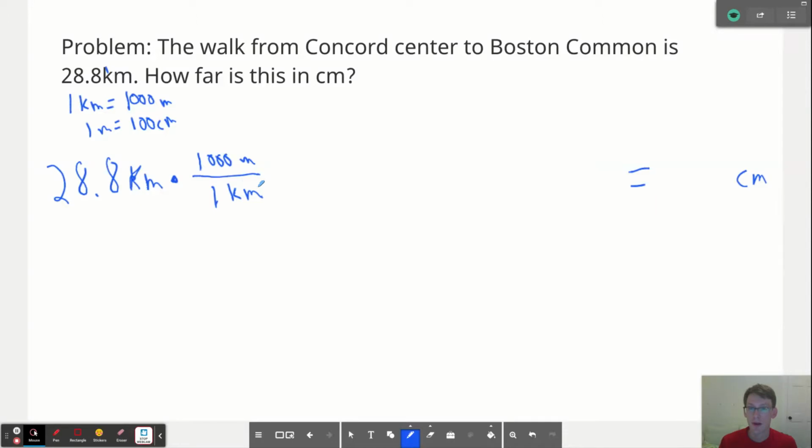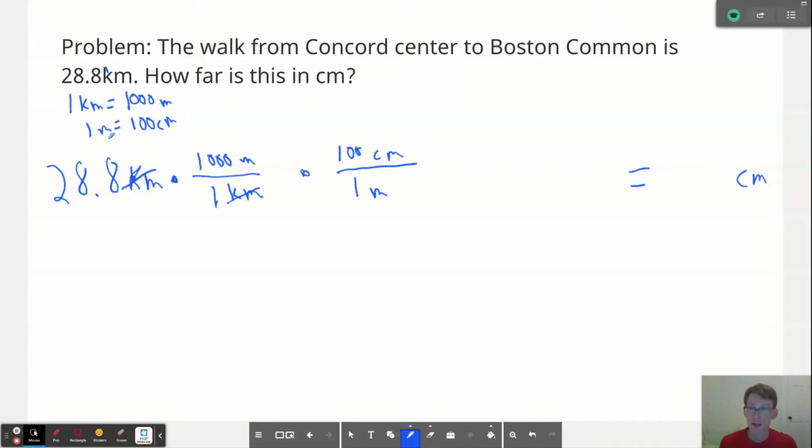The other thing is that if you look at it mathematically, we have the kilometers canceling each other, and our new unit is meters. Kilometers times meters over kilometers, just meters. But we're not quite done yet, because we're at meters and we need centimeters. So I'm going to say that there are 100 centimeters for every 1 meter.